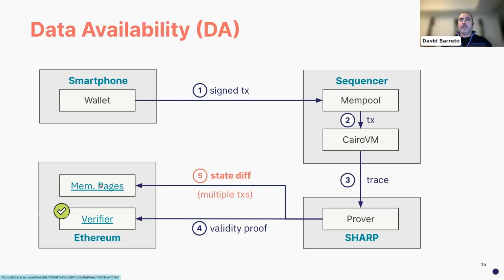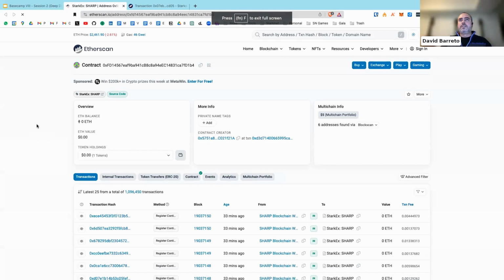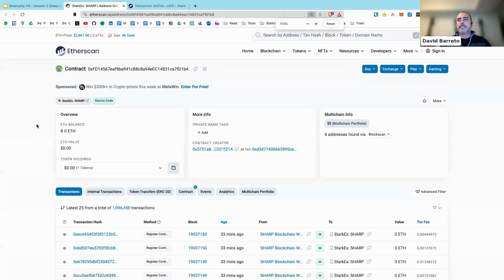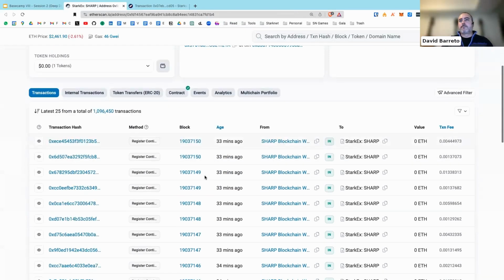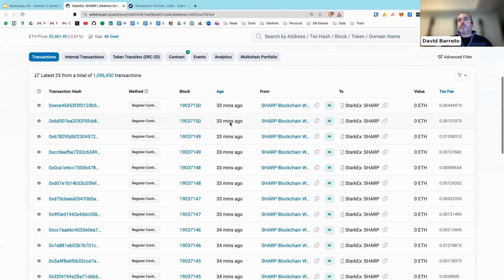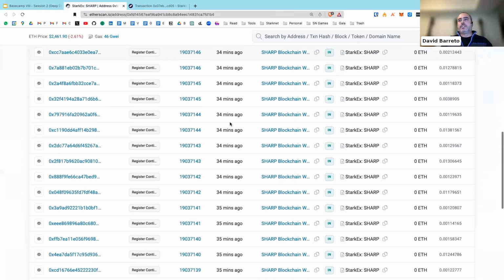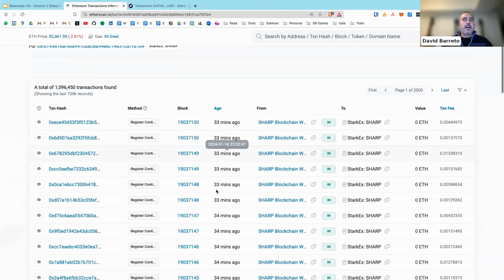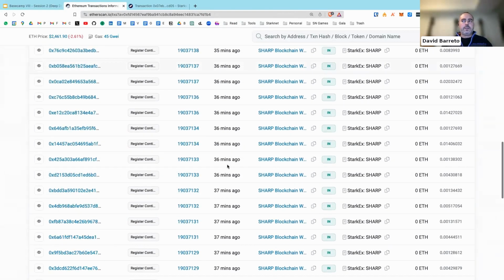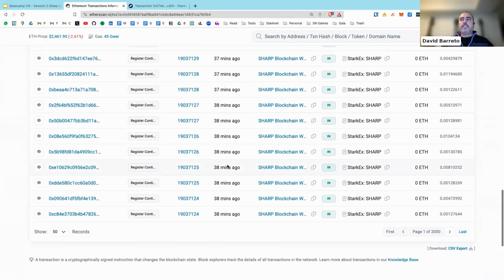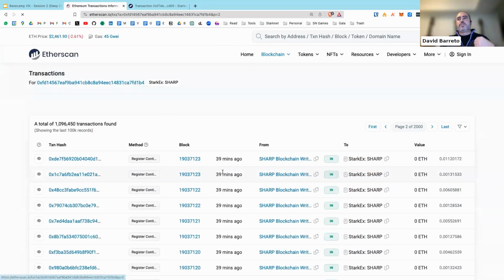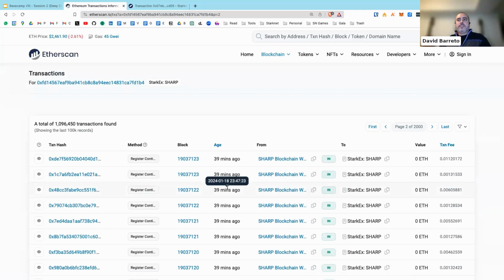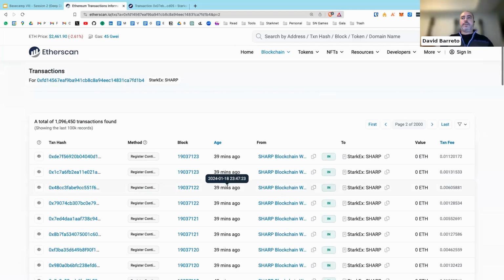If we take a look at this smart contract, it's called the memory pages. You can see, for example, all these transactions belong to the same validity proof. And there could be, I think, like 150 transactions or so. A single validity proof has all these transactions just to post the state changes of Starknet to Ethereum.